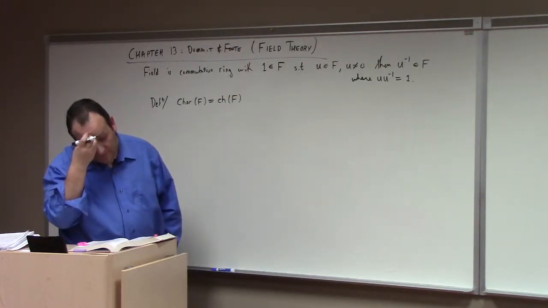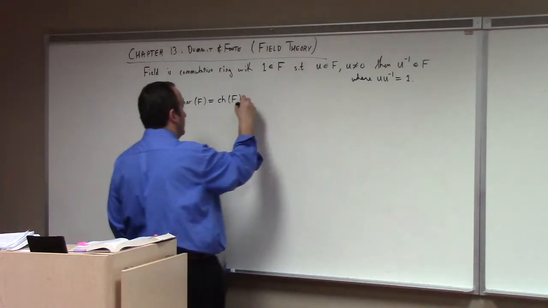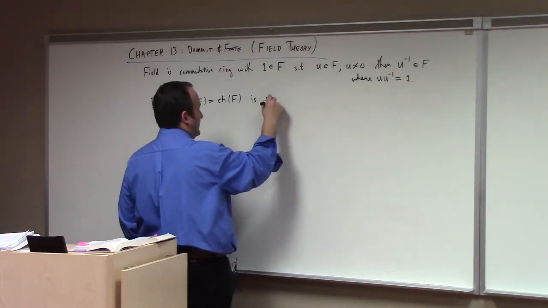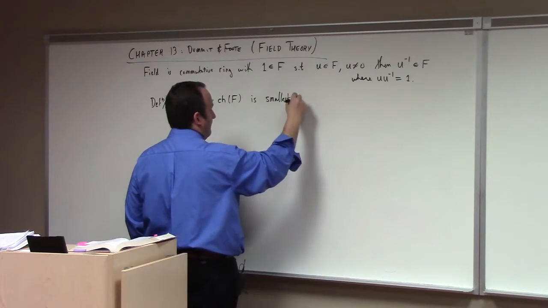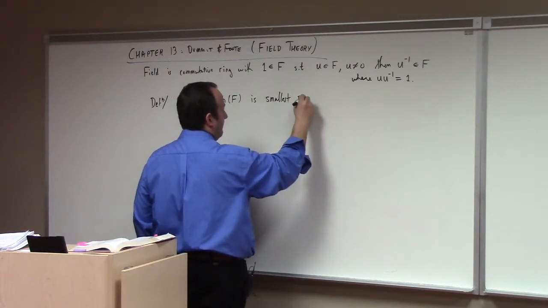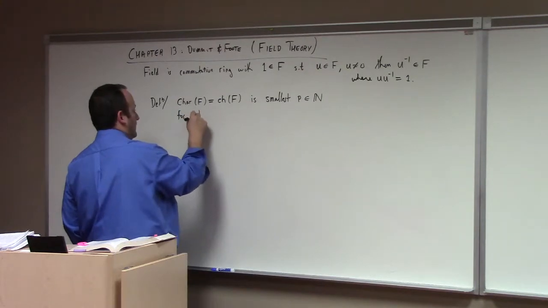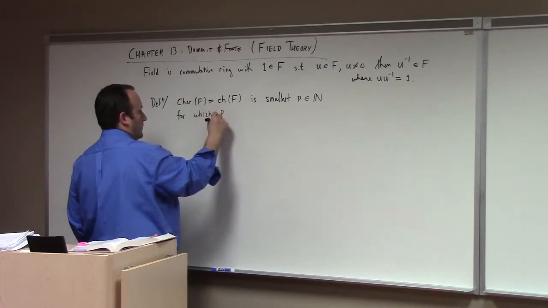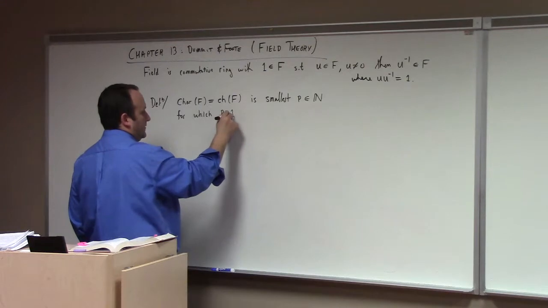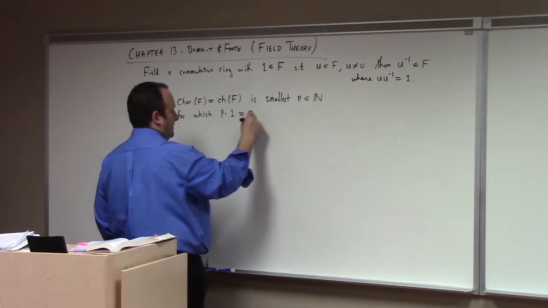And it is defined to be the smallest positive integer, if it exists, for which p times 1, right, is equal to 0.